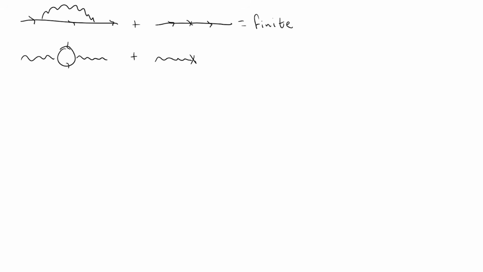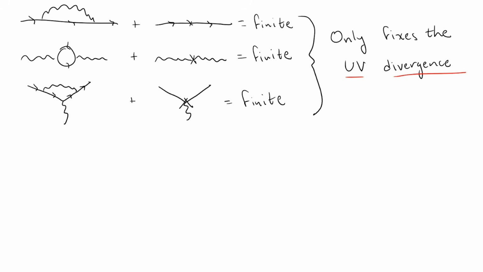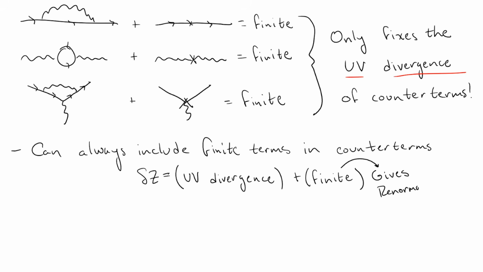In addition to this, we can of course add in any finite terms we want into our counterterms, as long as we compensate for it in the renormalized parameters. This choice is known as a choice of renormalization scheme.